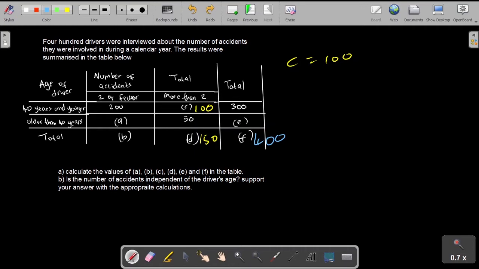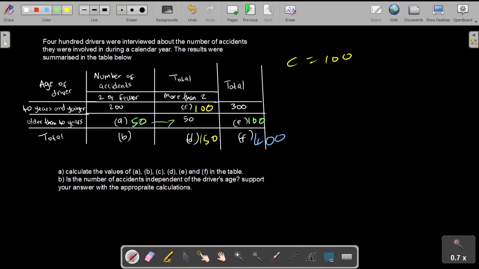And since we have this and we have a value at the top, we can find the value over here, which should be 100, so that the total of these two can indeed be 400 down there. And what else do we have? Now that we have a total of 100 and we have 50 along this row, we can find the value of A, which should be 50 as well, so that the total on the row is 100.